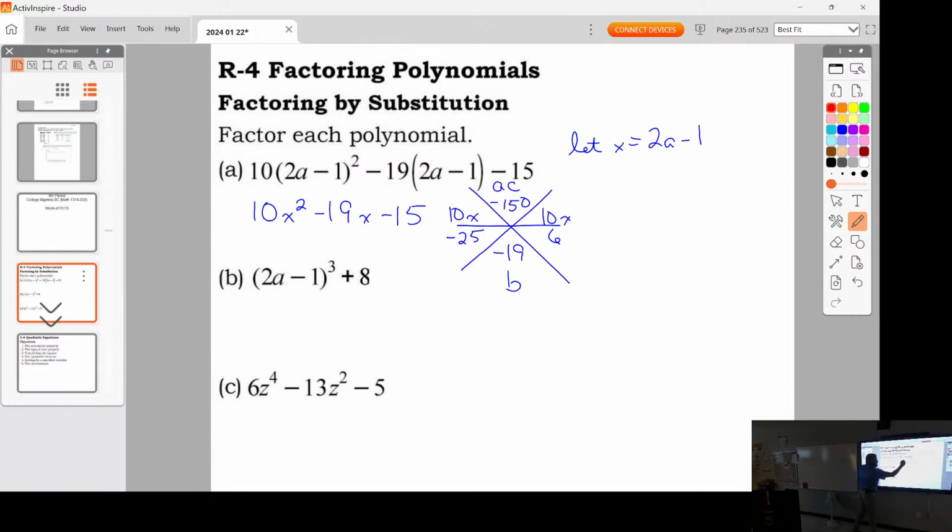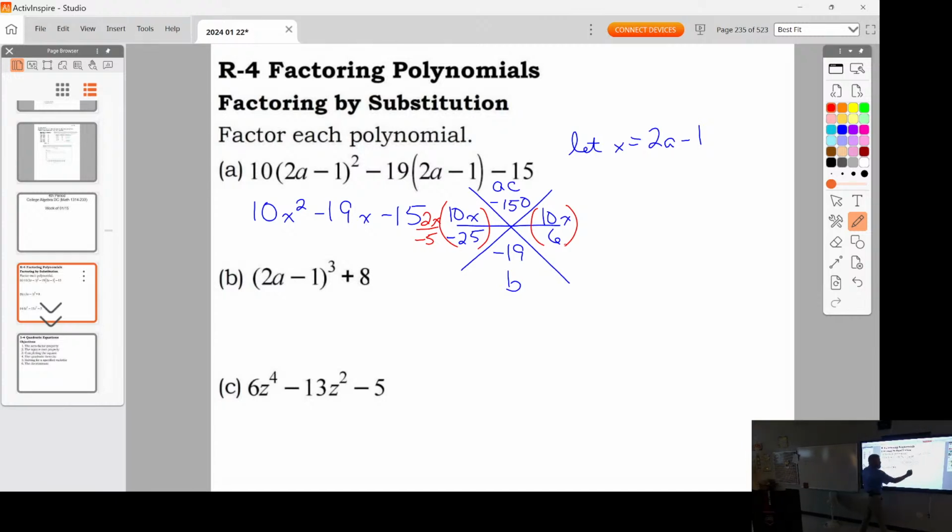I have 10x and negative 25. Does that reduce? Yes. 5 goes into both of those, right? Dividing both those by 5 gives me 2x and negative 5. How about 10x and 6?